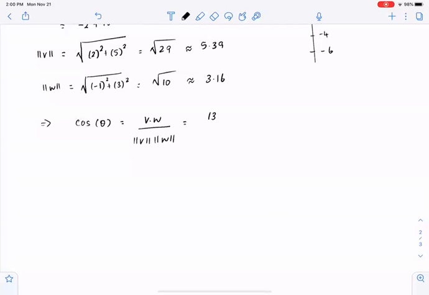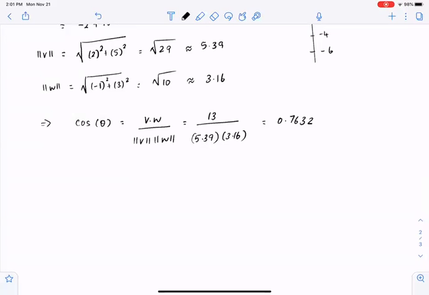So 13 over 5.39 times 3.16. I'm getting 0.7632.